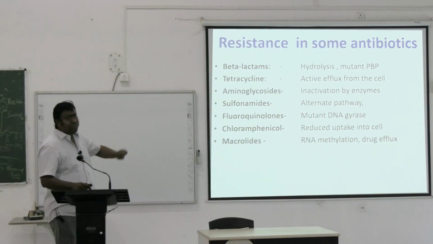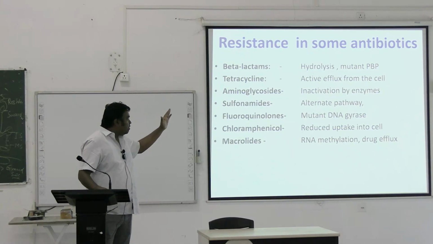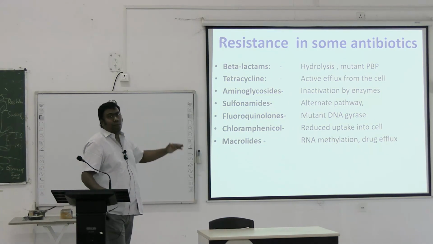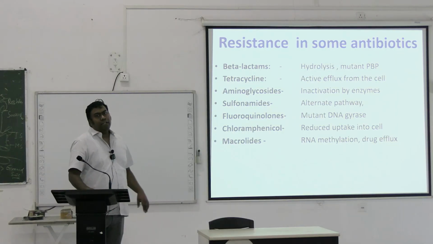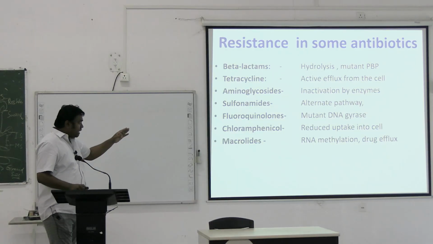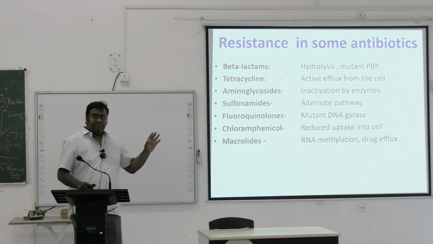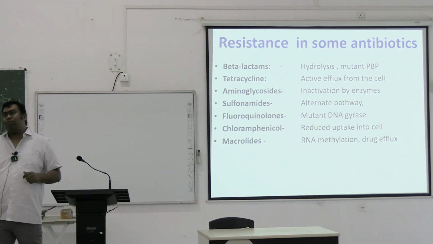Aminoglycoside is inactivated by enzymes. Sulfonamides use an alternate pathway. Fluoroquinolones, mutation of the DNA gyrase. Chloramphenicol, reduced uptake of the antibiotic into the cell, and macrolide, RNA methylation and drug efflux. These are the common mechanisms of development of resistance.